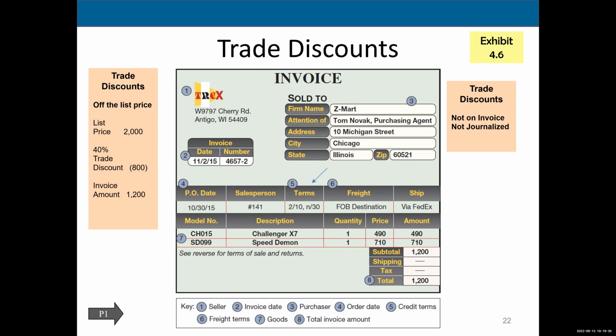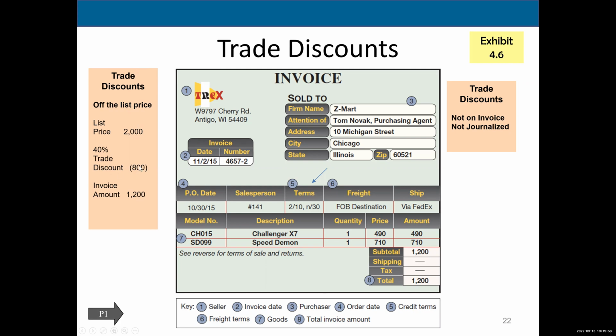Now, in your book, they talk about this trade discount where they have a catalog and there's a list price. And they say you're a good customer and you can take 40% off the list price of $800. We don't really care about this. We don't care about the trade discount.